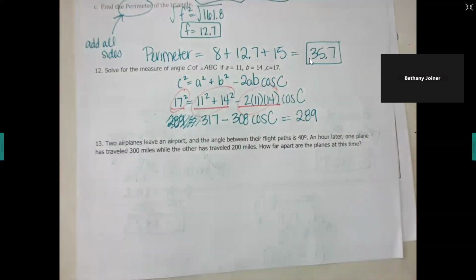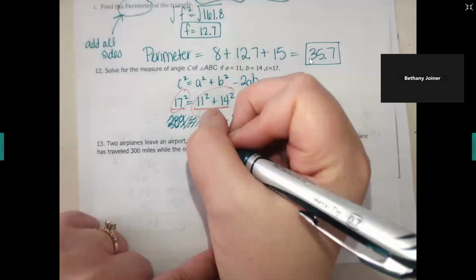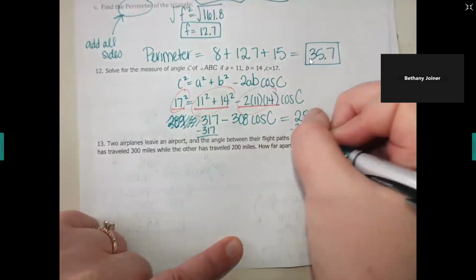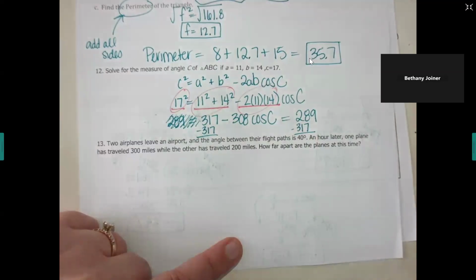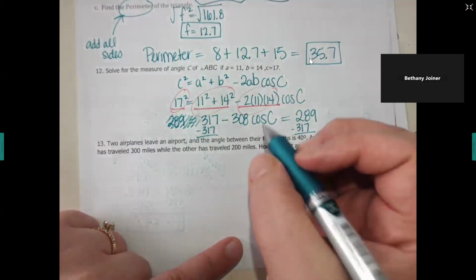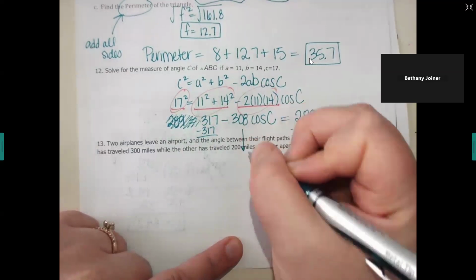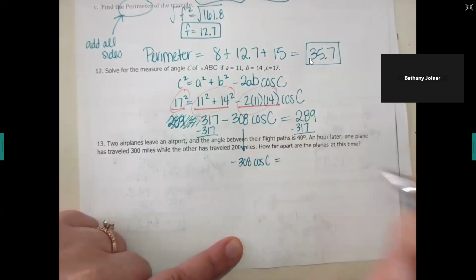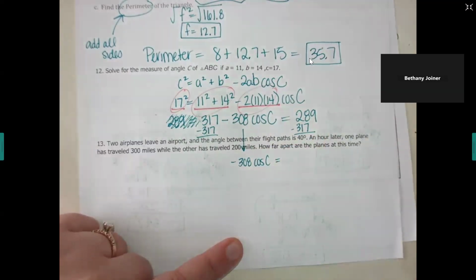How do I get rid of the 317 in the front? Minus it. So I have 289 minus 317. What would my next number be here on this side? When I minus those.